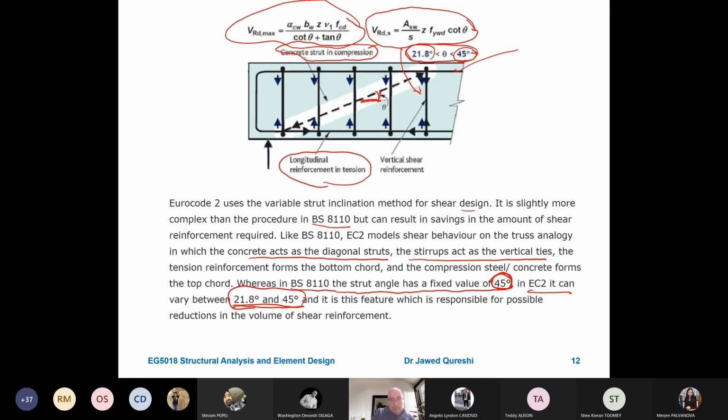In Eurocode 2, the angle can vary between 21.8 and 45. It can reduce the volume of reinforcement, which means it is going to be more economical. So you can use any angle, but normally we use the smallest one, which results in greater economy.